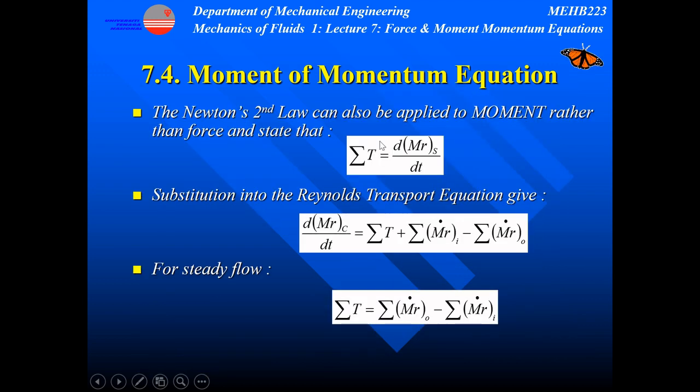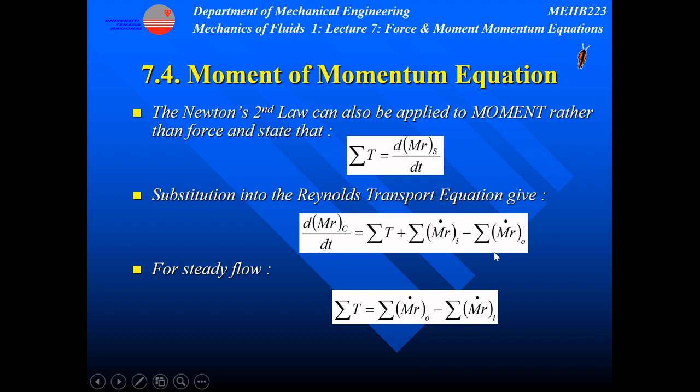If you go back to the linear momentum equation, we only have m dot and force F. Force times distance, which is the radius, gives torque or moment. So you multiply everything by radius: m dot times r, force times r gives torque. This equation is called the moment of momentum equation.